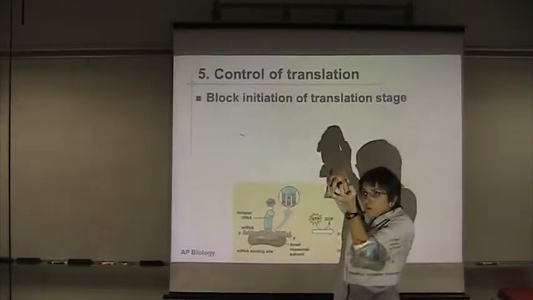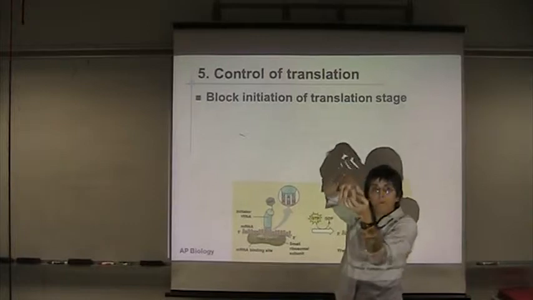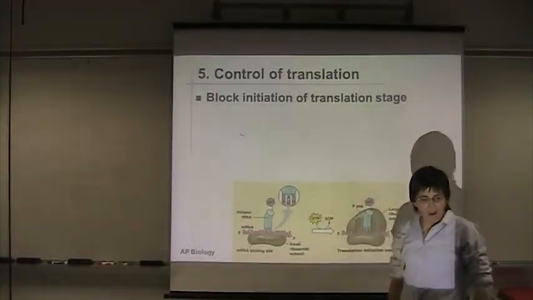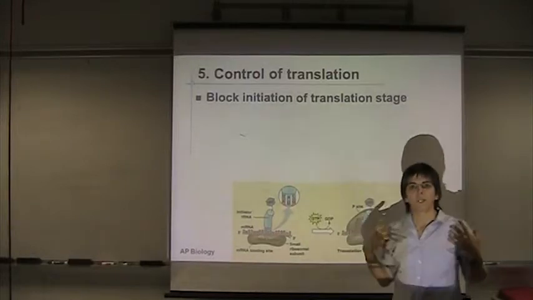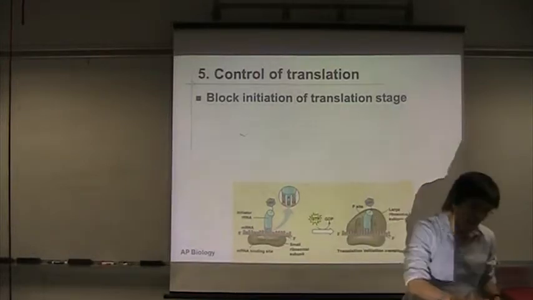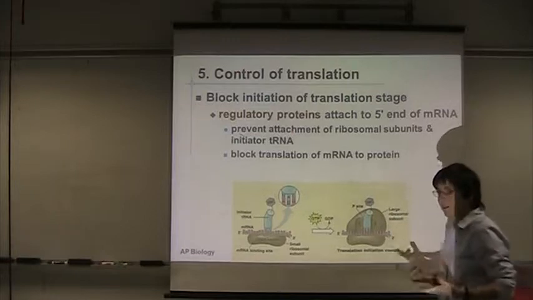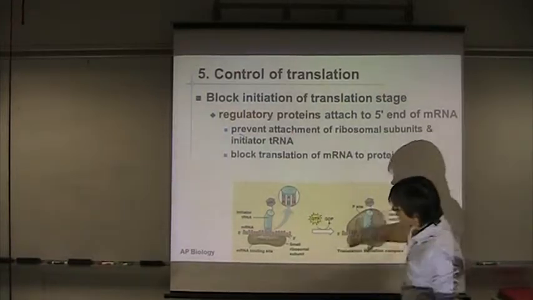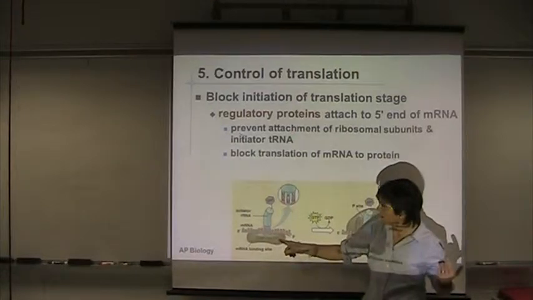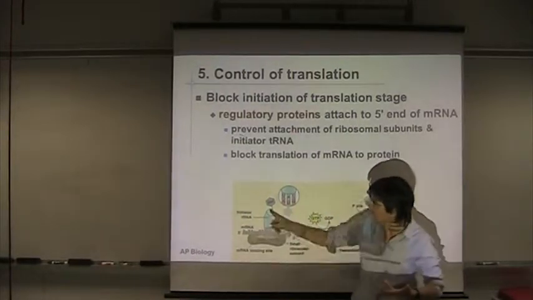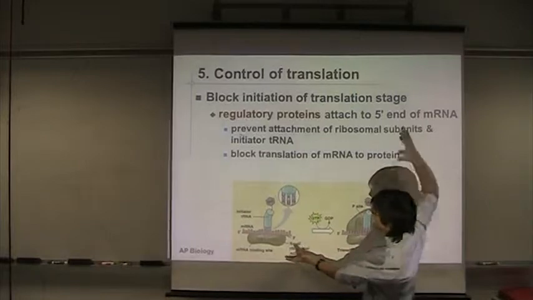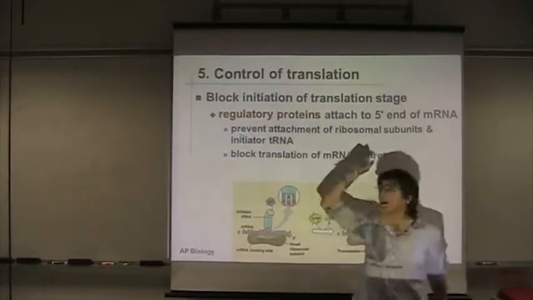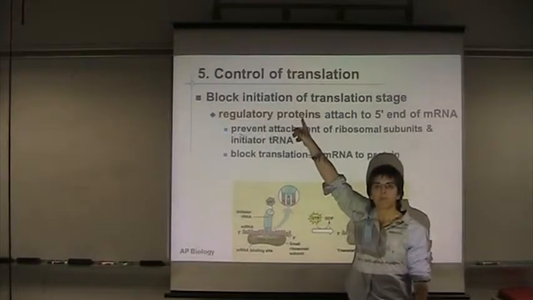Well, to do all this, everything has to fit perfectly. Remember, it's all about shape. So now we have a new level where we can stop things. There is a number of proteins that are called regulatory proteins. See here you have your small subunit, messenger RNA, your tRNA. We are ready to bring the large subunit. Well, not if we have a regulatory protein.